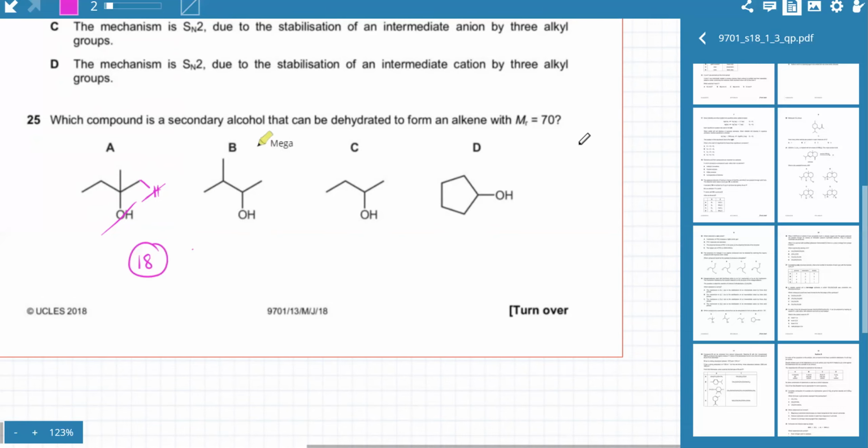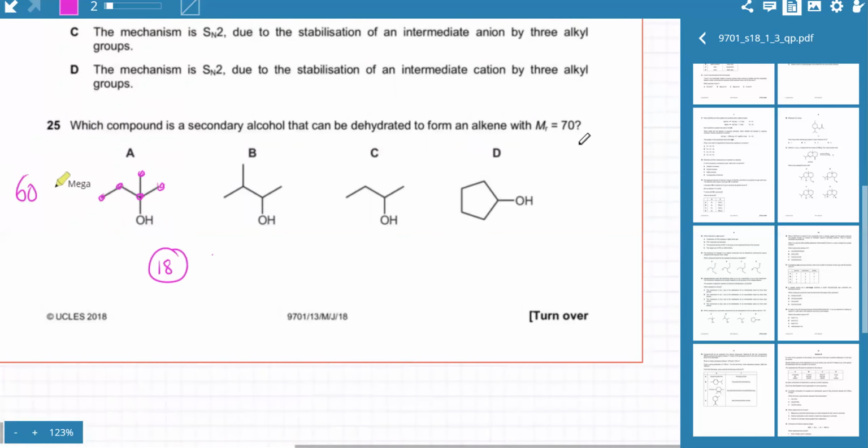So we don't care what the molecule is, we're just going to look at the Mr. Find the total Mr. That's 1, 2, 3, 4, 5 carbon atoms. So that's 60, 12 times 5 is 60. And then there's OH, that's 17. And you can count the number of hydrogens. So there would be 3 over here, 2 over here, 3 over here, 3 over here, none over here.